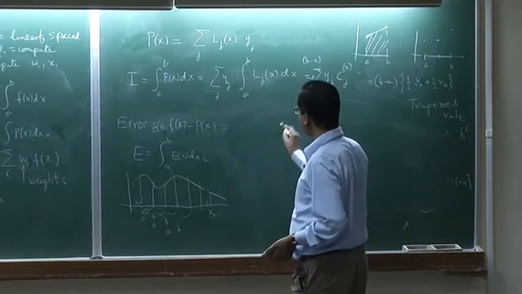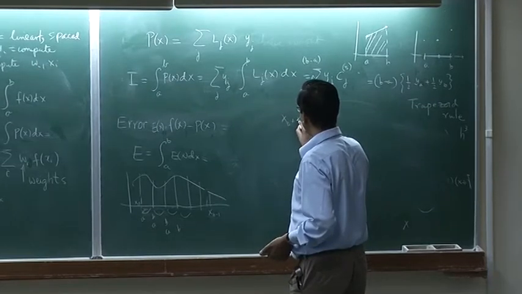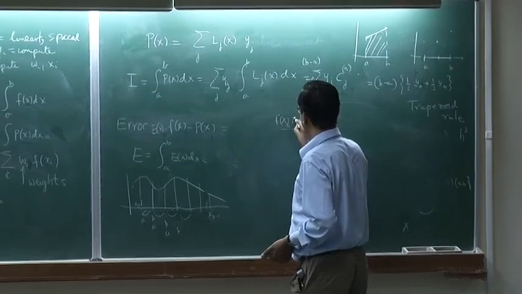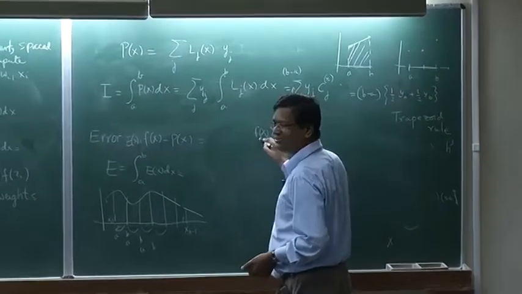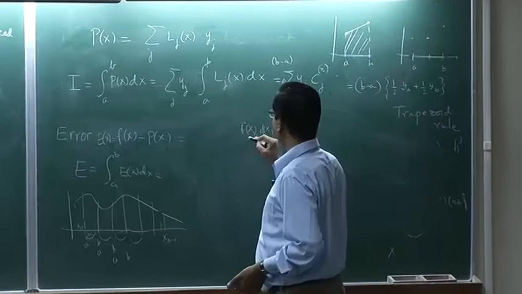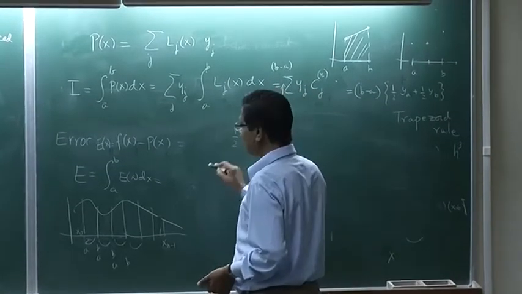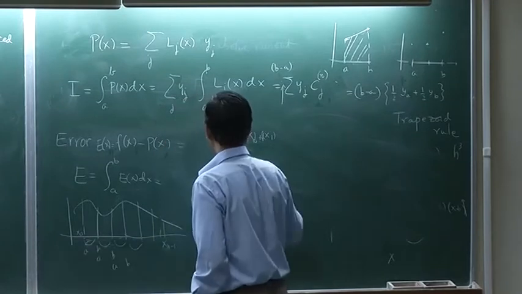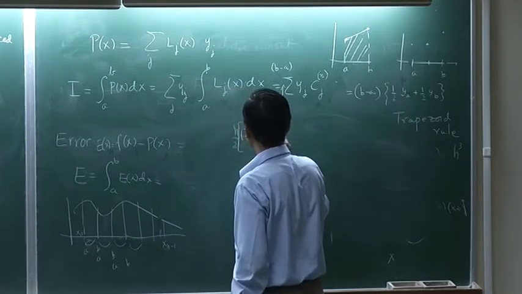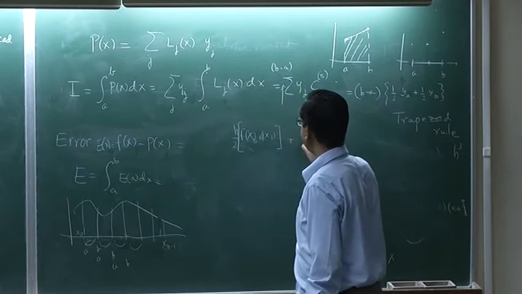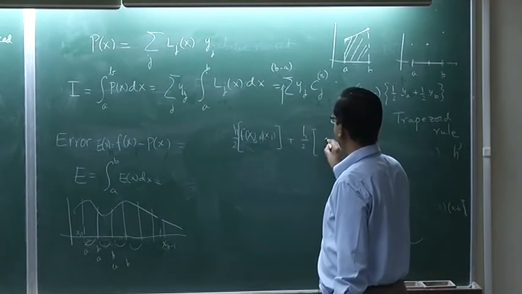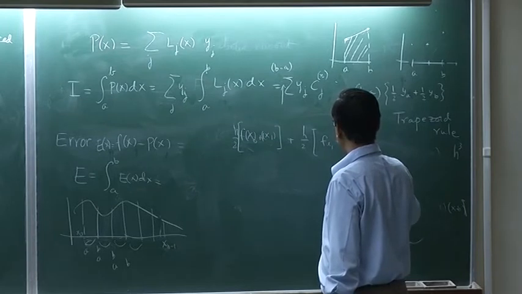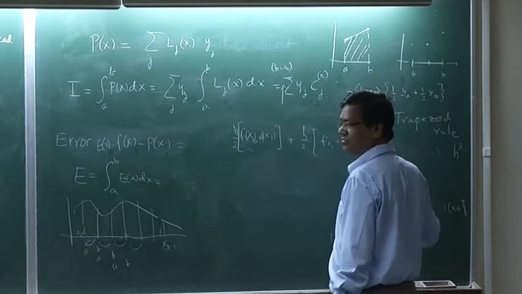The first integral will give you f(x0) plus f(x1) by 2, not x0, half multiplied by h, not b minus a. So h. Then the same thing I will get for f(x1), f(x2), like this.